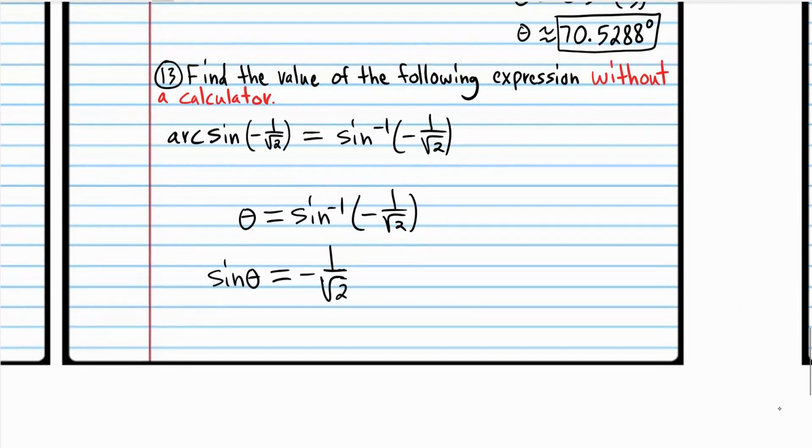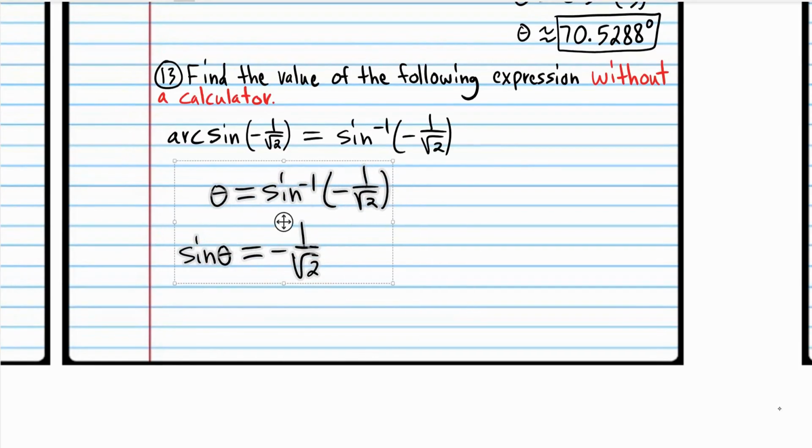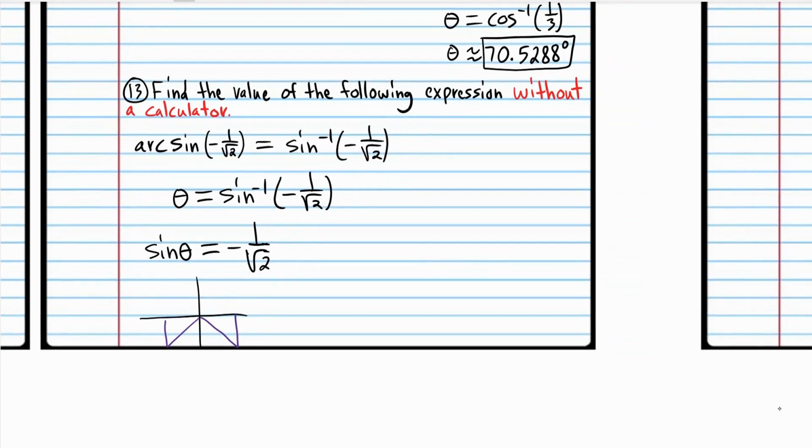And so sine is negative in the third and fourth quadrants. So I'll be down here and down here. And maybe I'll write this over here so we have more space. And we recognize this ratio as a 45, 45, 90 degree ratio.